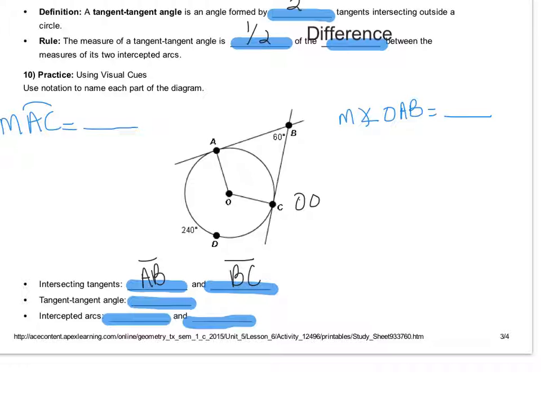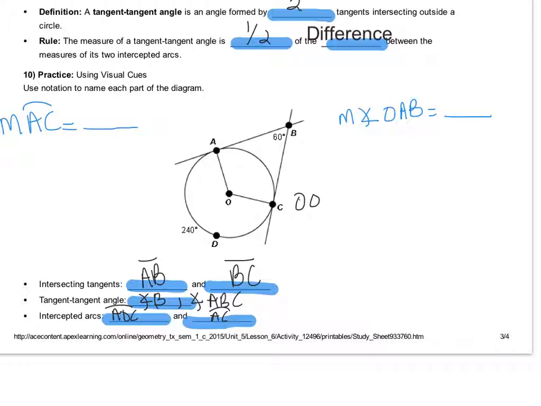So the tangent angle is angle B, or you can call it angle ABC, or you can write it backwards as CBA. The two intercepted arcs are the major arc, which is ADC, and AC, the minor arc.